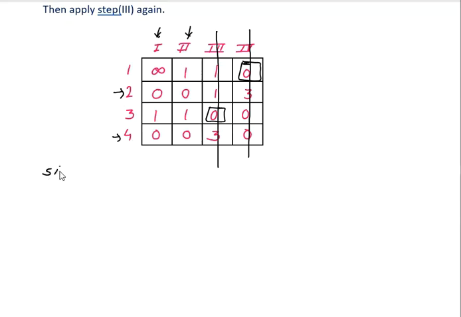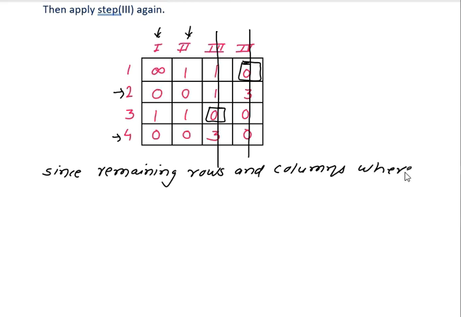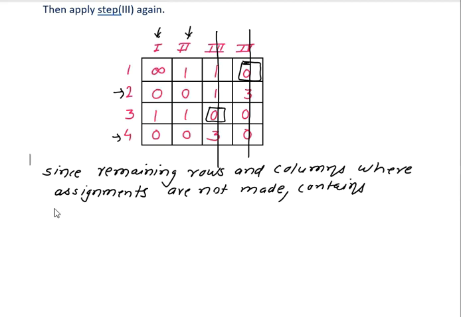Since the remaining rows and columns where assignments are not made contain more than one zero, here we get an alternate solution.